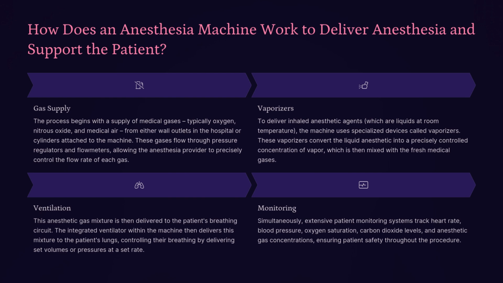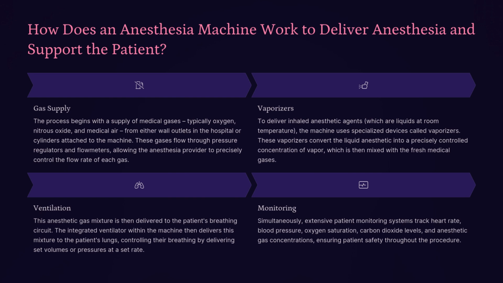To deliver inhaled anesthetic agents, which are liquids at room temperature, the machine uses specialized devices called vaporizers. These vaporizers convert the liquid anesthetic into a precisely controlled concentration of vapor, which is then mixed with the fresh medical gases. This anesthetic gas mixture is then delivered to the patient's breathing circuit.